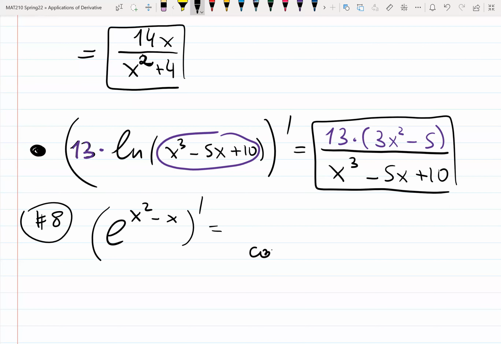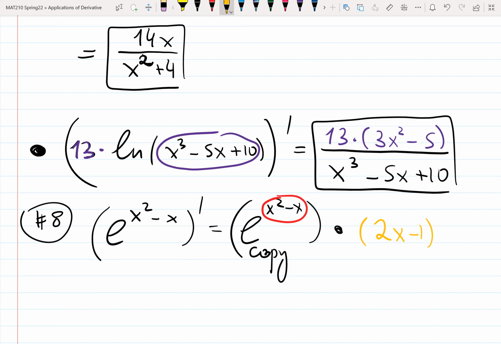You remember the anecdote about exponential function if you attended my lectures. Exponential function copies itself. And then chain rule says times the derivative of the function inside. And by inside this time, it's in the exponent. So times 2x minus 1. And this is the answer. Don't overthink this. That's it. We don't need anything else.